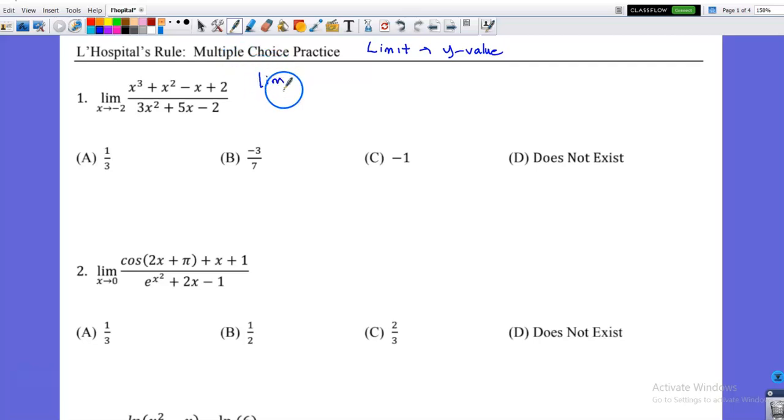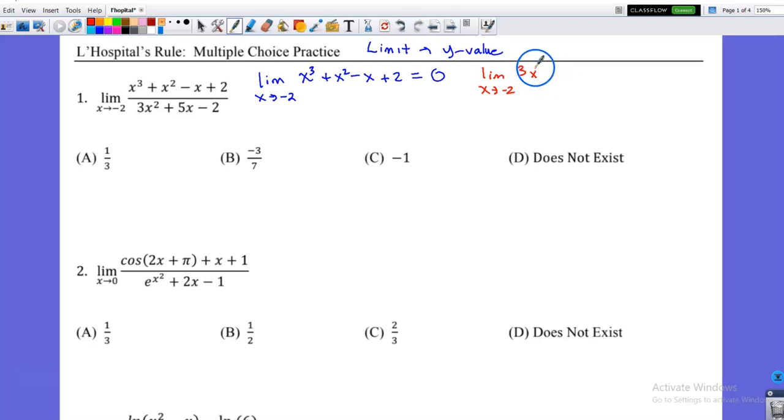Very important that you remember that when you are using L'Hopital's rule, you have to show that the limit as x approaches, in this case, -2 of the numerator, so notice I'm doing the numerator totally independent of the denominator, by substituting -2 into that, I will get 0, and I have to show that on my paper, totally separately from the limit as x goes to -2 in the denominator.